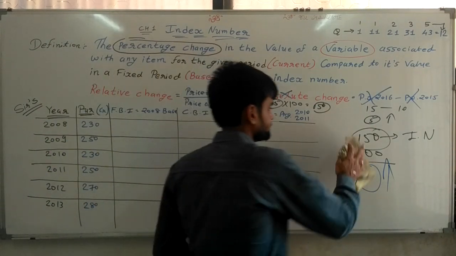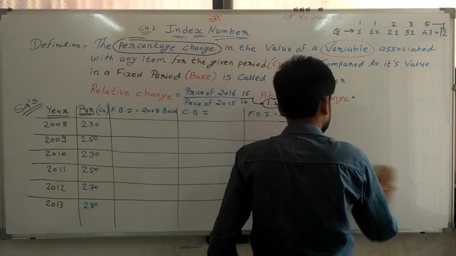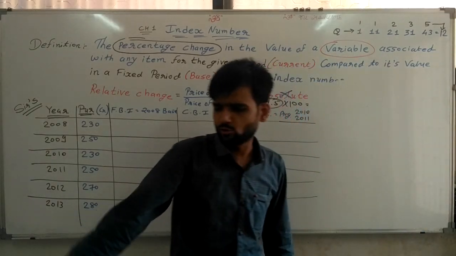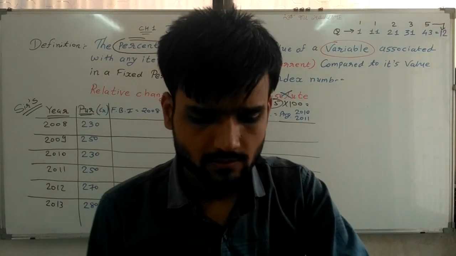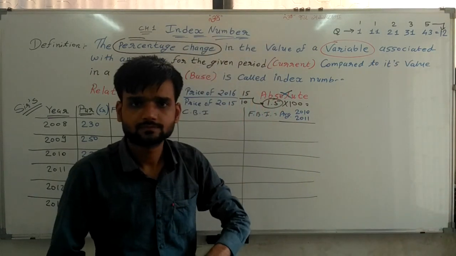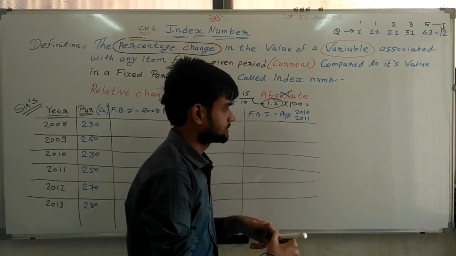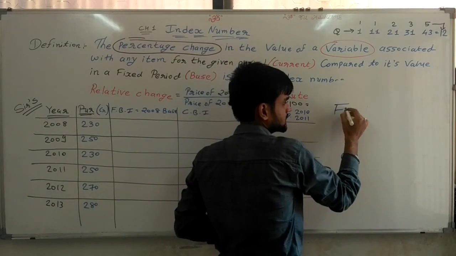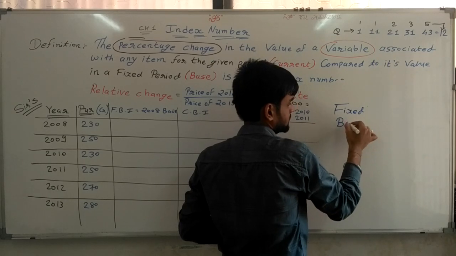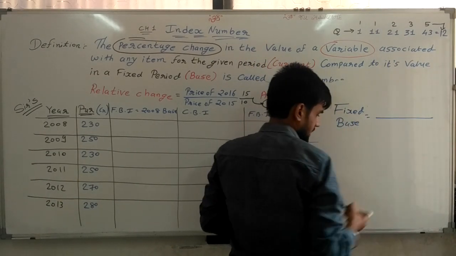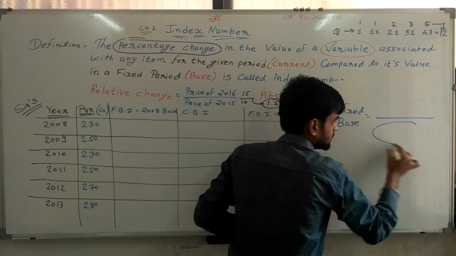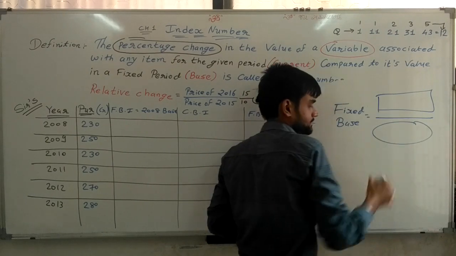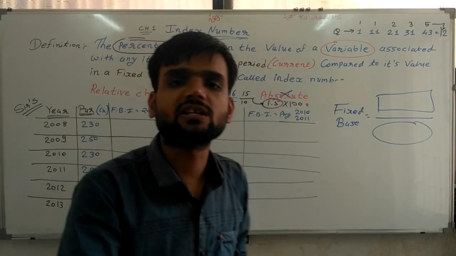So first of all, I am clearing this board. And try to understand fixed base and chain base. Giving one example. By considering its name itself, we can understand. Fixed base. It means base is fixed. Numerator is always current year information.